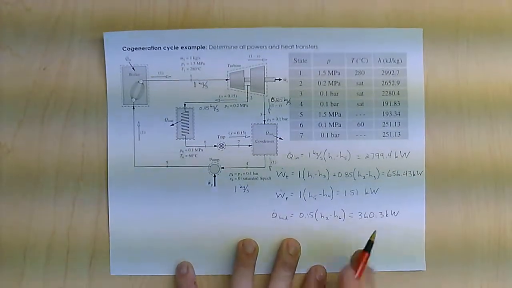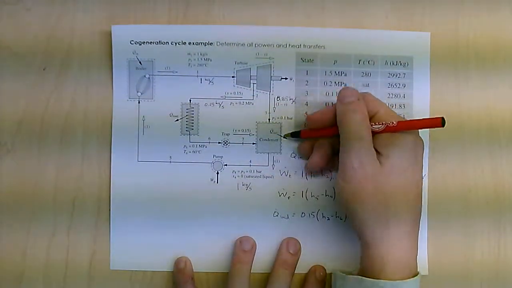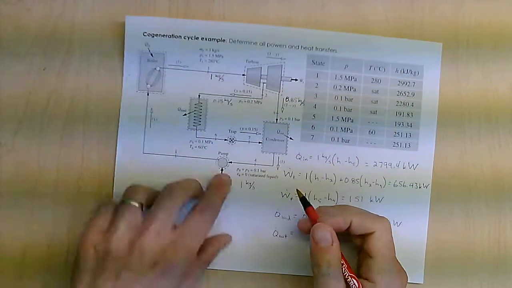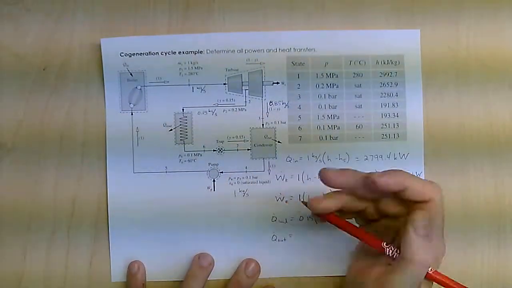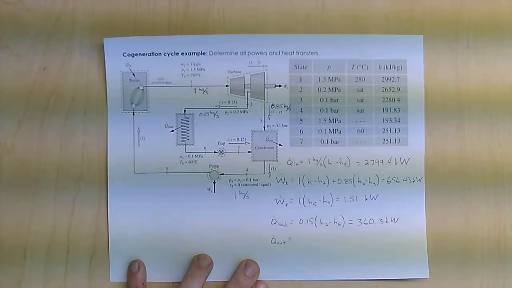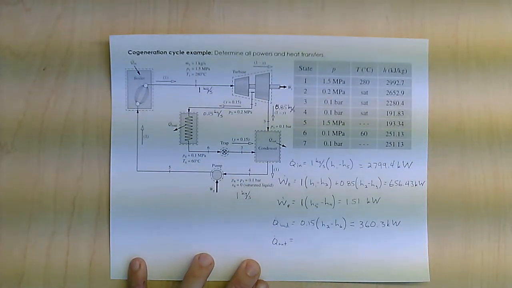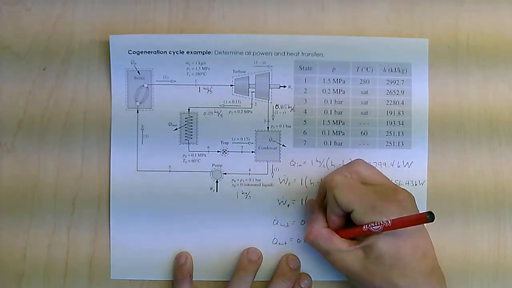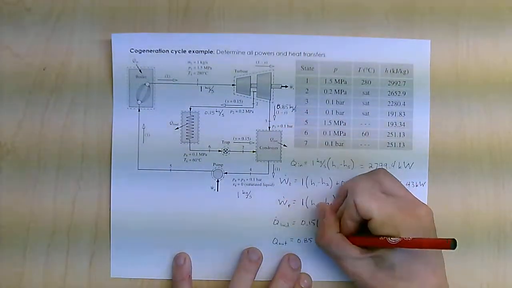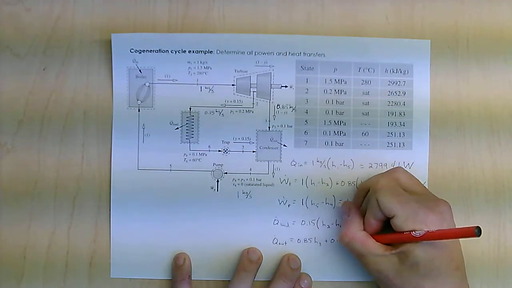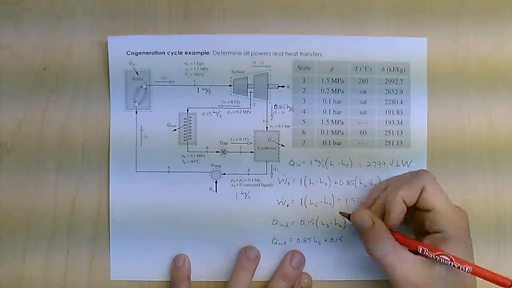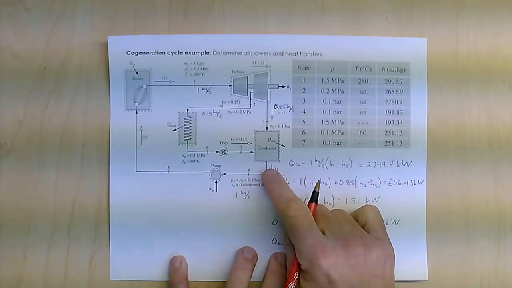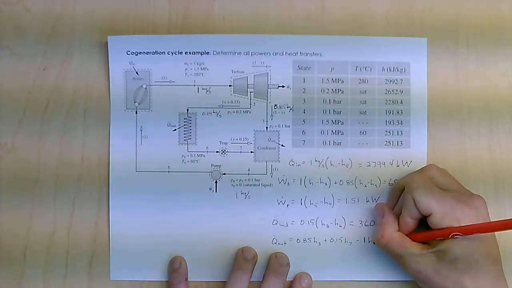Those are the 2 things that I'm trying to figure out. Again, I've got Q out over here through the condenser, and I can go ahead and figure that out as well. Now the difference here is I've got 2 things coming in and 1 thing going out. So my inputs are 0.85 times H3, plus the 0.15 kilograms per second of H7, minus the total mass flow of H4.